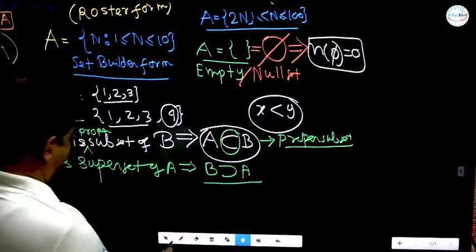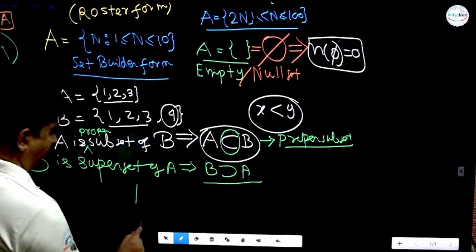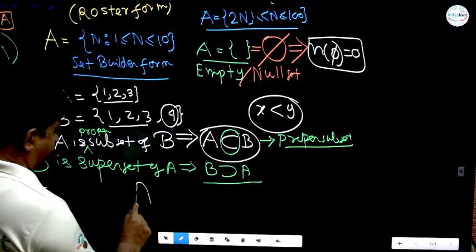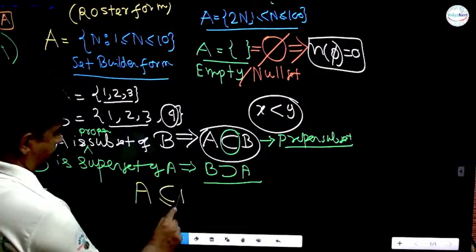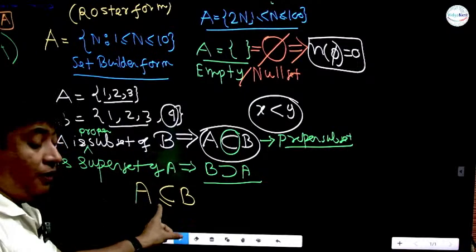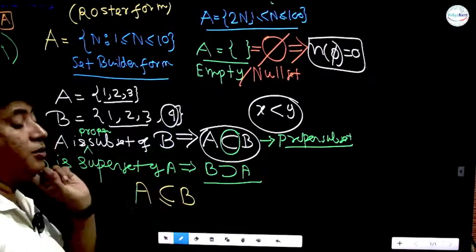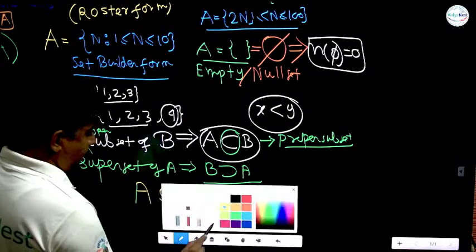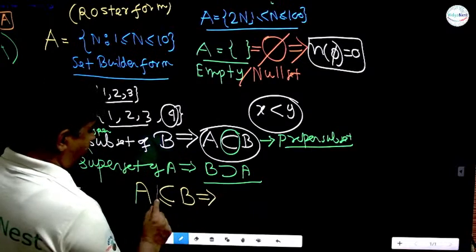What is subset? This is called subset of B. Here we are considering a scope of equality. Here it is called, this symbolizes what?